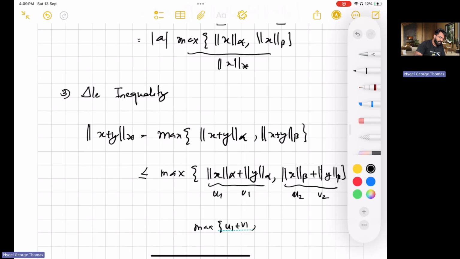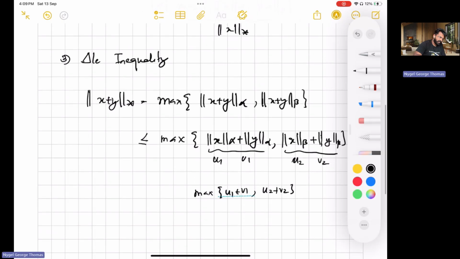Note that all of them are positive quantities. This maximum will always be less than or equal to the max of u1 and u2 plus the max of v1 and v2. I hope it's clear.